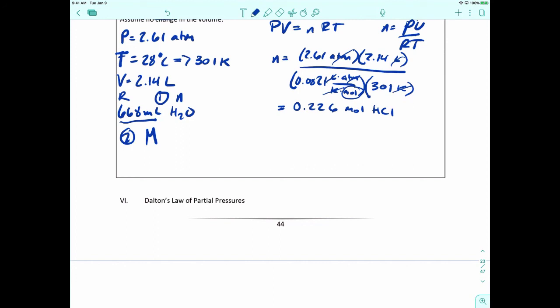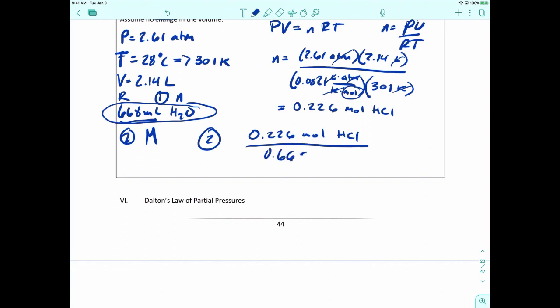Now, since we got the number of moles of HCl, that HCl is being bubbled into 668 milliliters of water. So for the second part, we take the 0.226 moles of HCl and divide it by 668 milliliters, or if we convert that to liters, 0.668 liters, that should give us molarity, and that molarity should come out to be 0.338 molar.